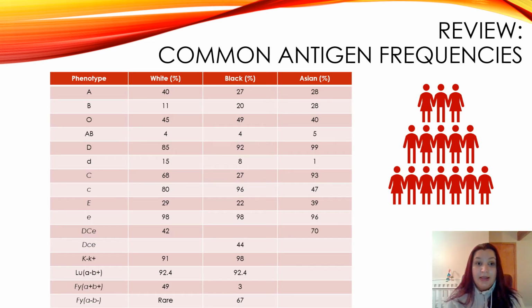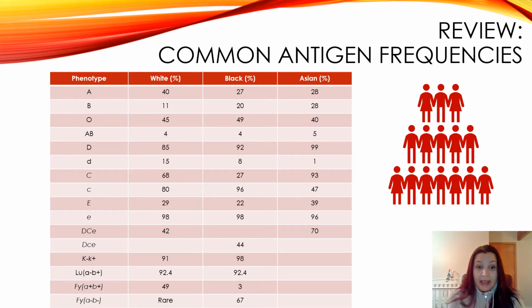So as a nice review for the exam, we can see some common antigen frequencies among populations. You can see here that the A phenotype is common among the white population. O phenotype is pretty prevalent amongst all white, Black, and Asian. The D negative phenotype is more prevalent in the white population than Black and Asian.